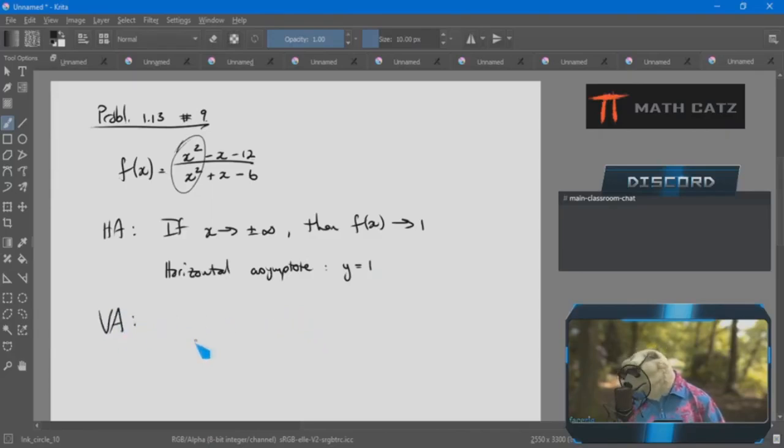Vertical asymptote question, it's a little different. For that, I really need to see the polynomials factored. I need to see that bottom one especially, because I need to see which x values make that 0. Factoring that will show me, and I'll pick ones that I can factor fairly easily, right? Let's do the top one. Do I remember how to factor this? I'm asking you. That has to be a minus 4 and a plus 3, right?